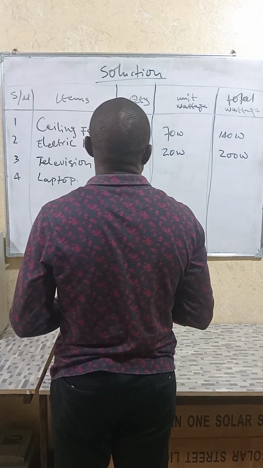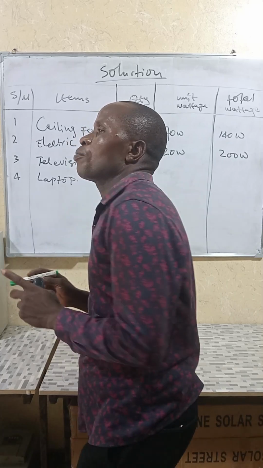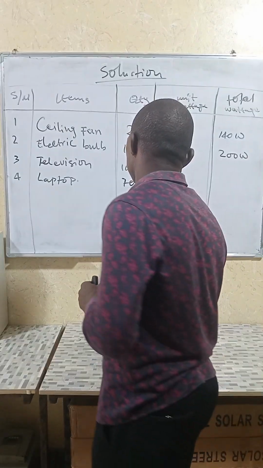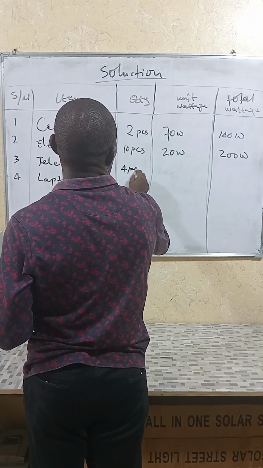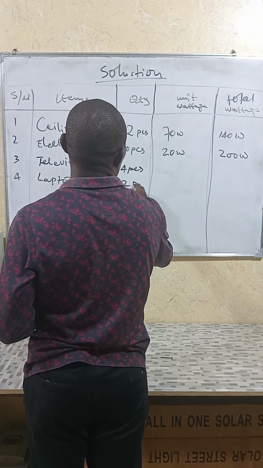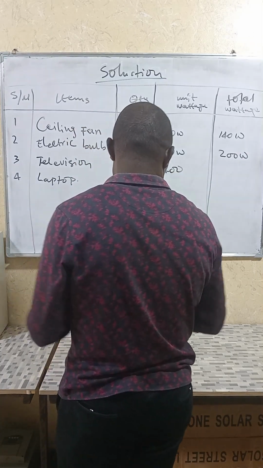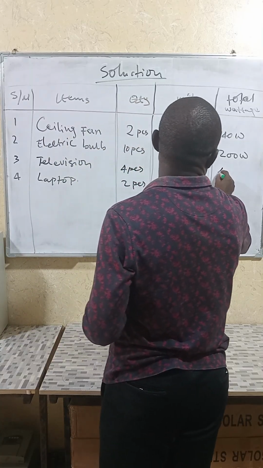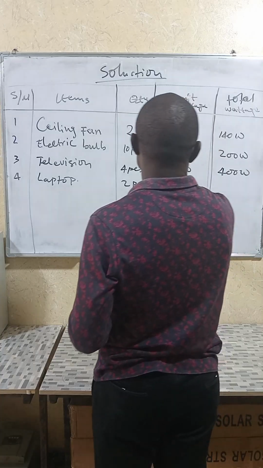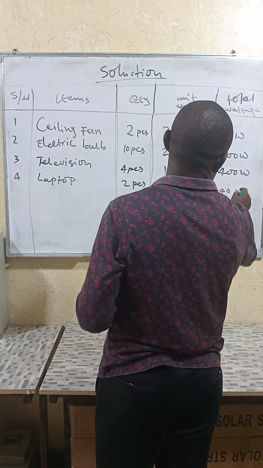Sorry, we are looking at the television and the laptop. The television is 4 pieces, and the laptop is 2 pieces. So television is 4 pieces, at 100 watts per television, then that is 400 watts. Then laptop is 70 watts each, that is 140 watts.